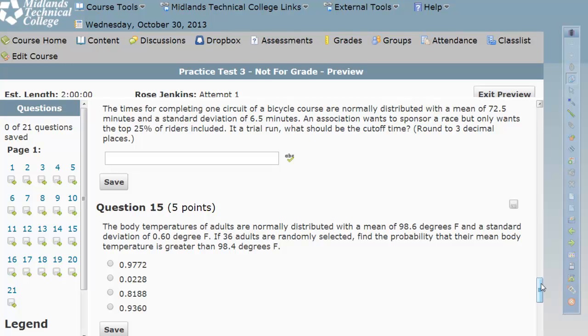We started with the probability, and they asked us to finish up with the cutoff time. That was our x value. So if I'm given the probability, I have to put that into inverse norm. What goes into the inverse norm function is a probability or an area, not a z-score. What it gives us out is a z-score. I don't know if that helps.